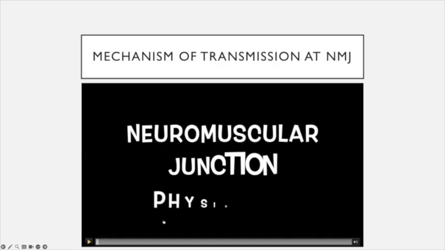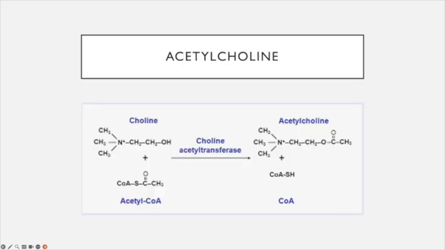So the body has a way of recycling all of these molecules, and in that way is efficient. So this is the equation I was telling you about: choline and acetyl-CoA combining via the actions of choline acetyltransferase to form acetylcholine and CoA.